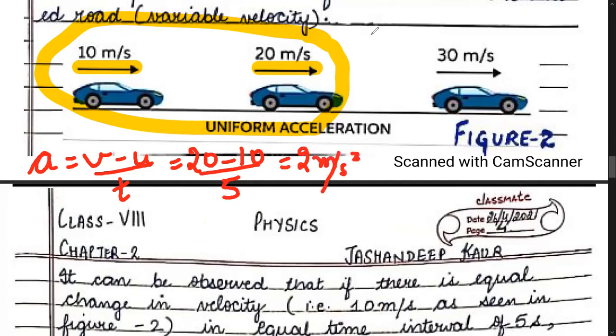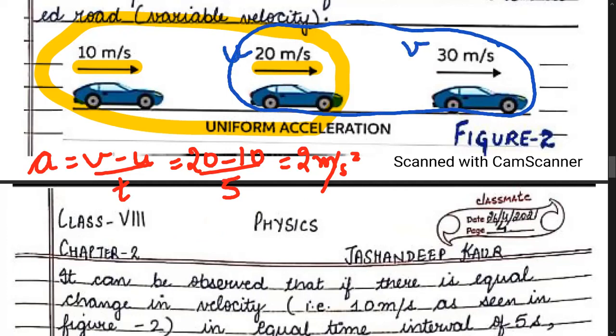Now let us see second case, where I am taking 30 and 20. Children, in this case, 20 will be initial velocity while final will be 30. So find acceleration here.